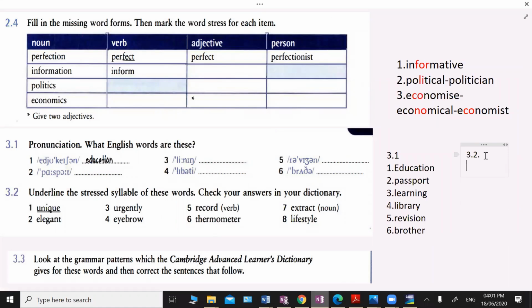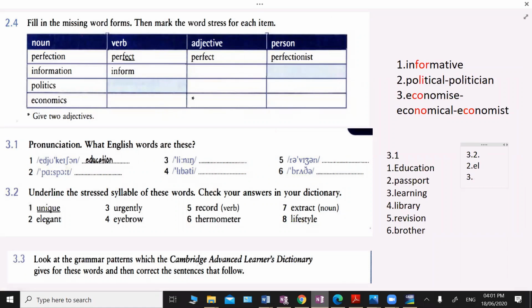I didn't say that. Not right answer. I said alley, alley, then I simply said the word elegant. Yes, the stress is on EL. So the stress is number 2, EL.